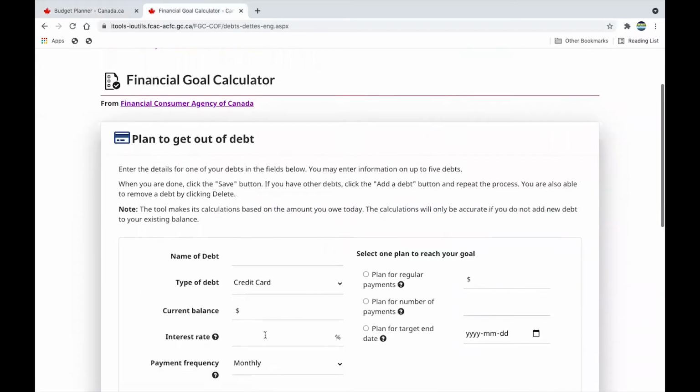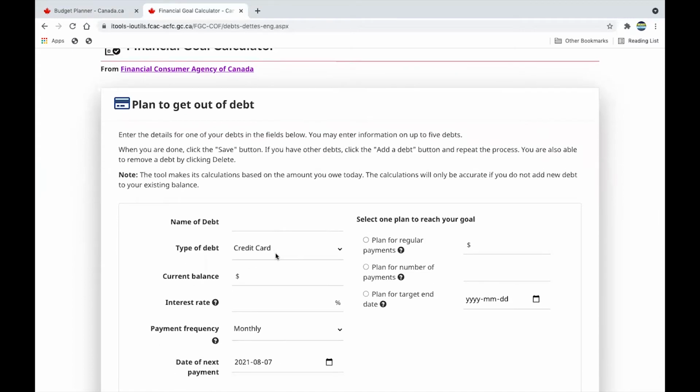It is also important for you guys to know that simply paying money into any debt you owe, like a line of credit or a credit card, isn't really going to help you pay off that amount without actually structuring how much you intend to pay and how long it's going to take you to pay off that debt.